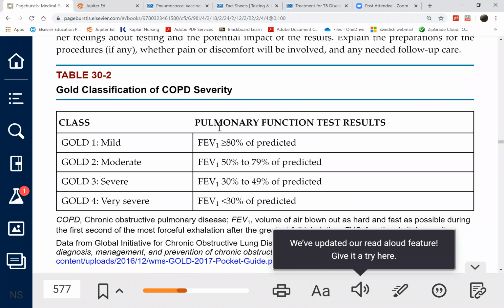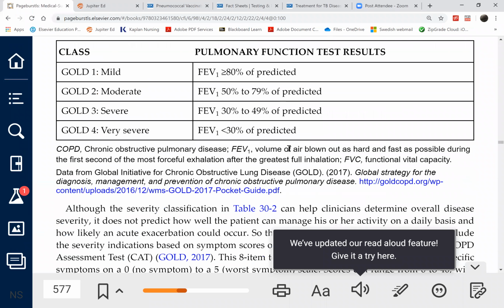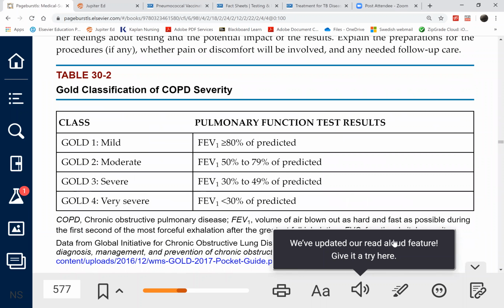Table 30-2. This one, because COPD is diagnosed using FEV1. Now, this is accomplished using a spirometer. Let me go back here.